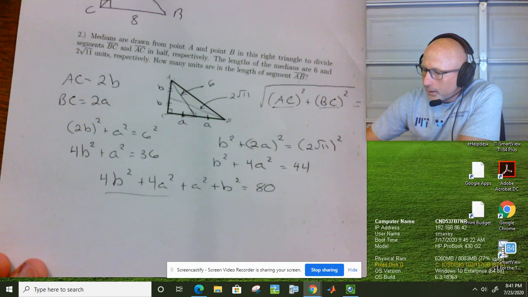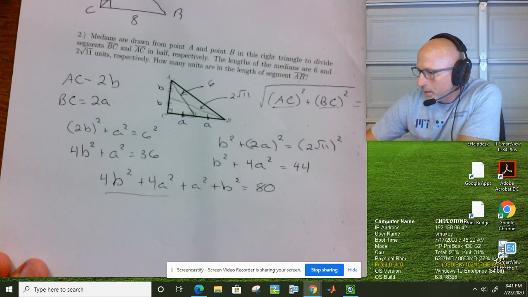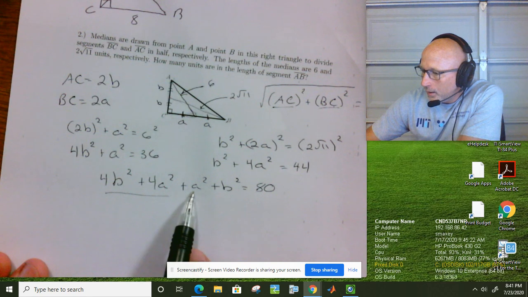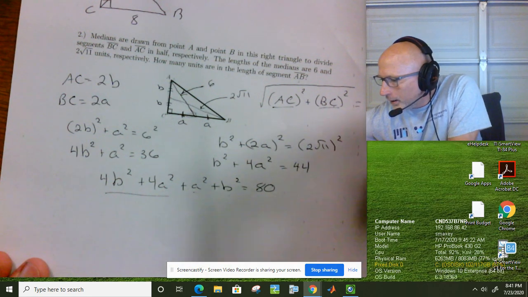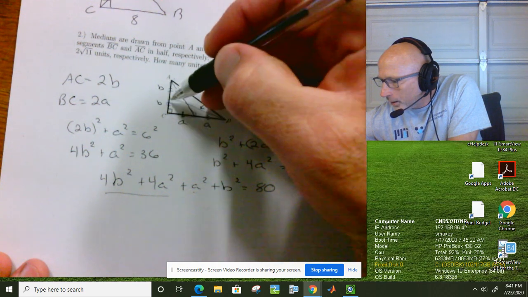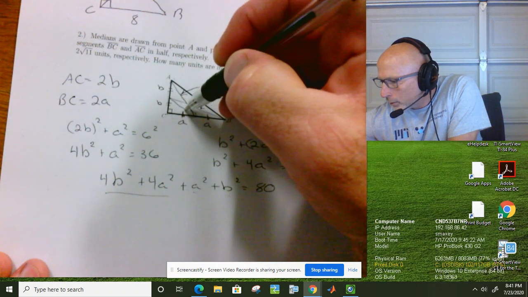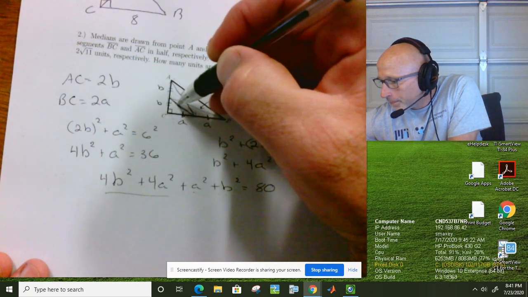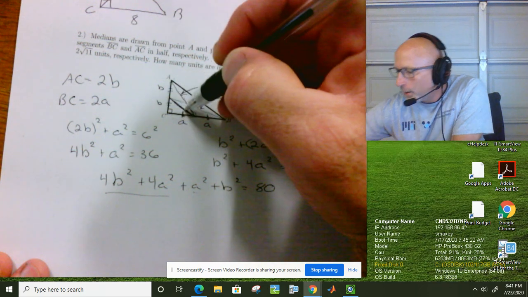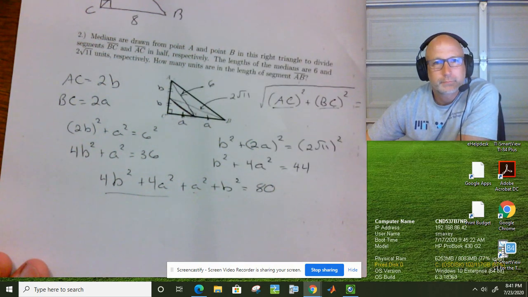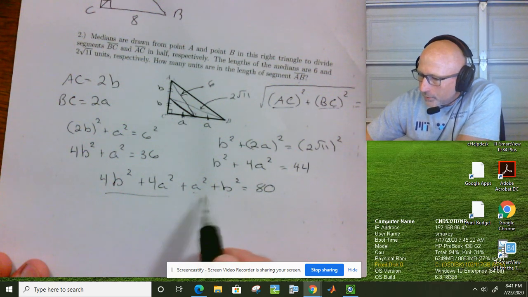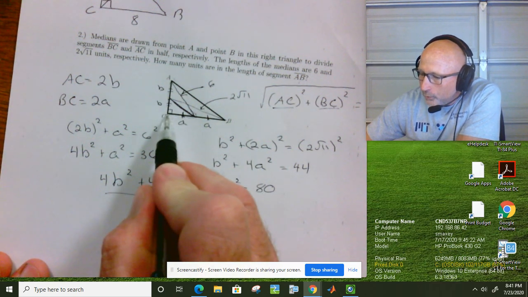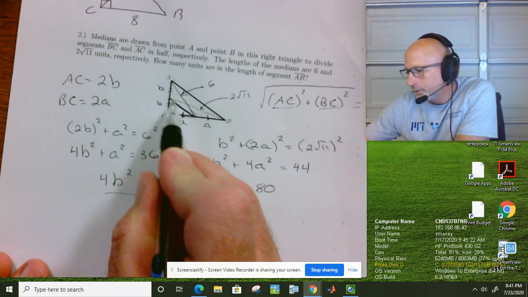So what is this? This right here, A squared plus B squared, well, that is the length from here to there. That's going to be the relationship, because you have this right triangle here where this is A squared, B squared, and then you have this.